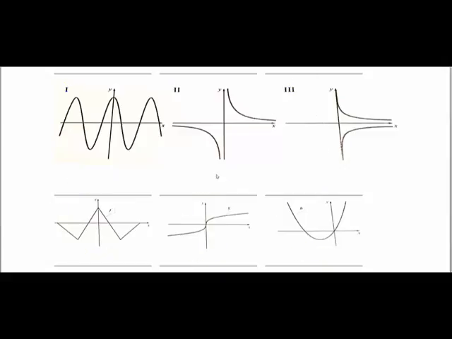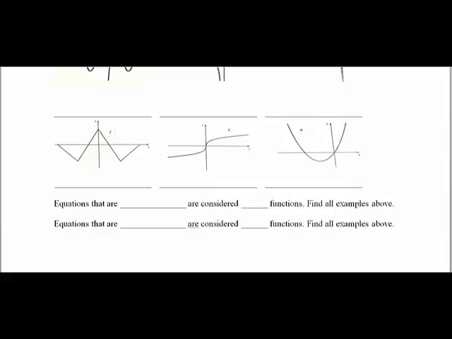Now here's a little quick vocabulary. If you have an equation where f of negative x is equal to f of x, then you have something called an even function.